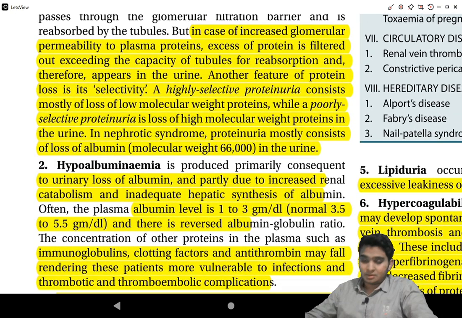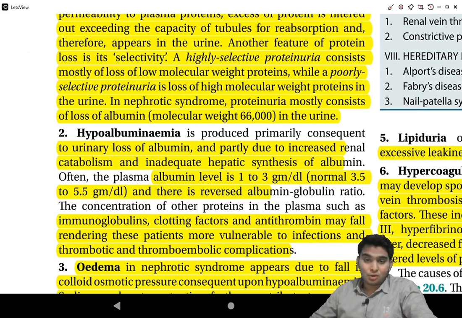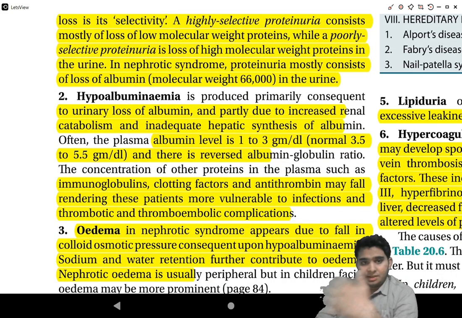So the other feature is hypoalbuminemia. It is due to the increased urinary loss of albumin and inadequate hepatic synthesis of albumin.